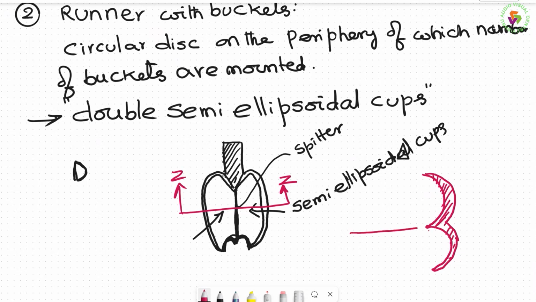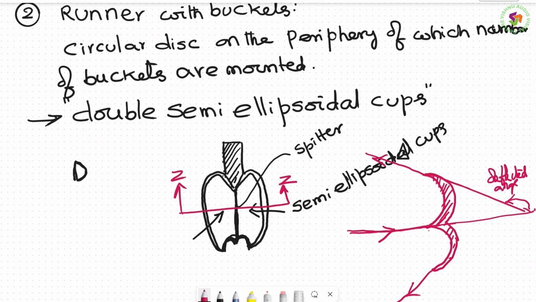Naturally the jet strikes here and leaves like this. So the jet is getting deflected. This is the deflected angle. In the section, the jet strikes exactly at the splitter and moves away on both sides. This is how it flows out. So this is the second component, which we call the bucket.